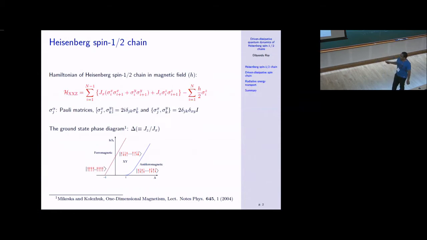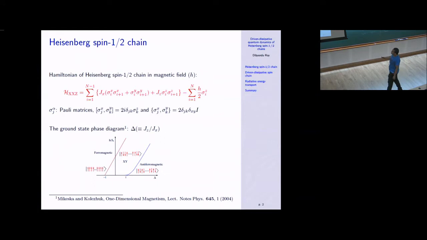And also I will have one external magnetic field H along the z direction of the spin. And as I am talking about quantum spins, the spin-half operators are represented by Pauli matrices, which have these kinds of commutation and anti-commutation relations.